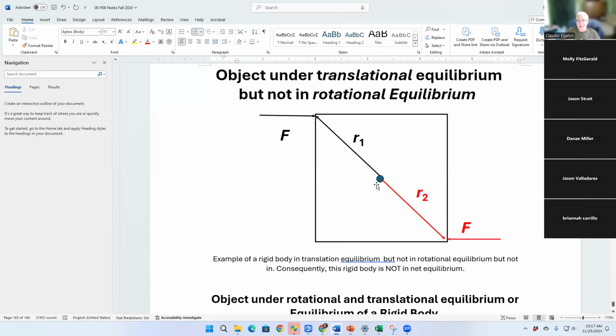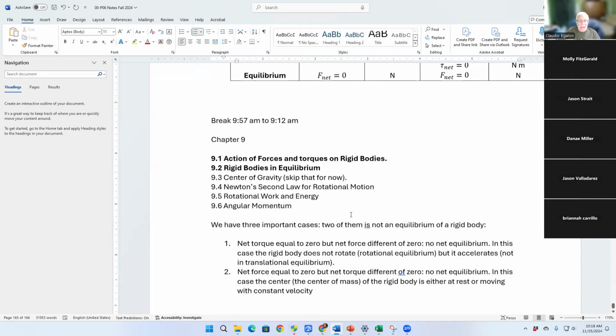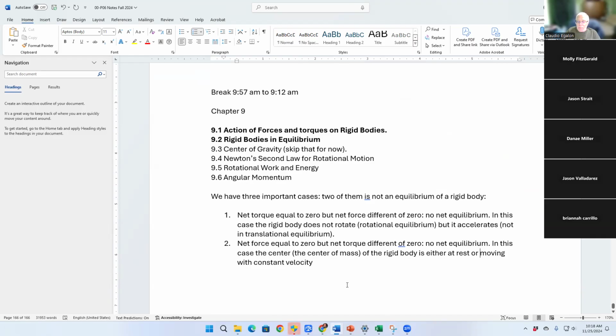So this point right in here is either at rest or moving with constant velocity. But the rigid body has an angular acceleration.